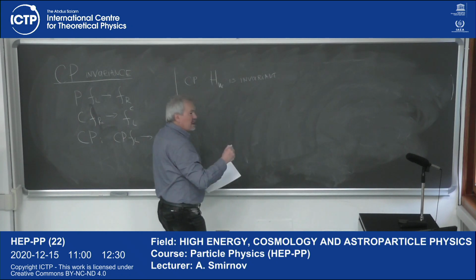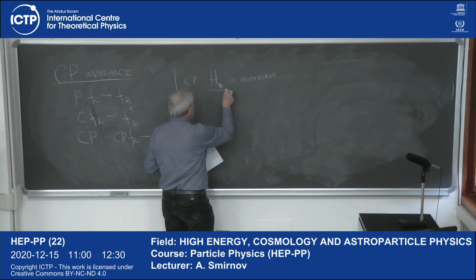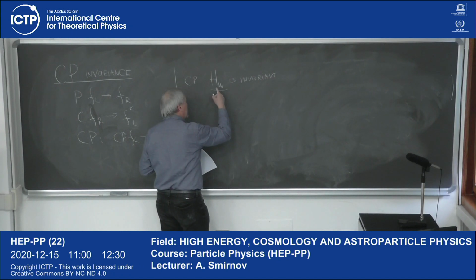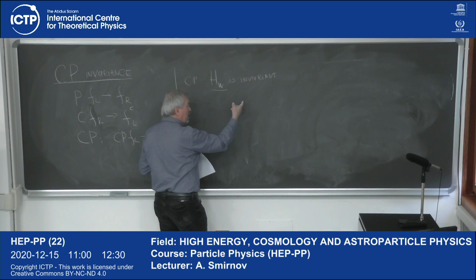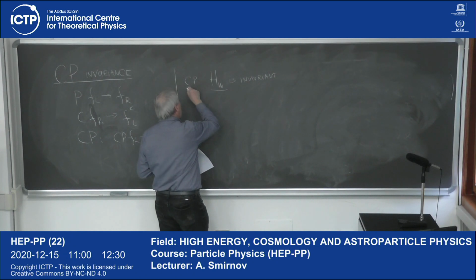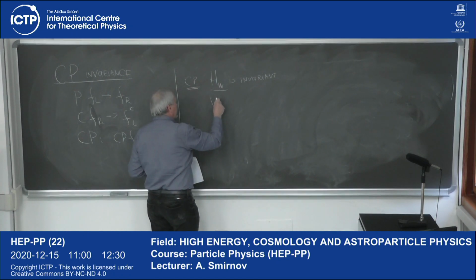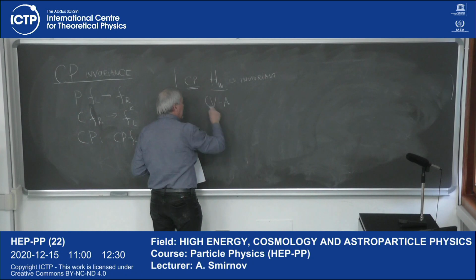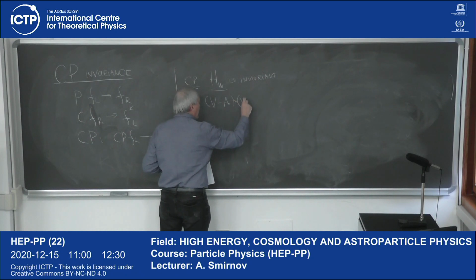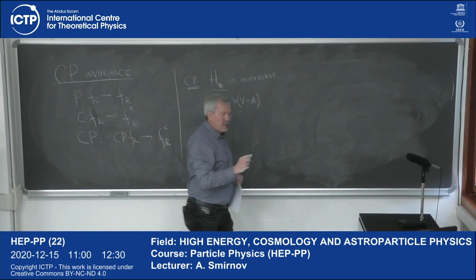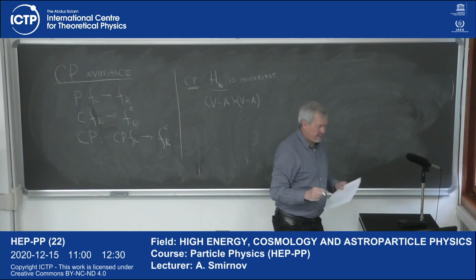However, if you do C and P transformations, and you need to take into account that this contains two parts, the first one and then the Hermitian conjugate, then you can find that under CP transformation, our Hamiltonian with this V minus A structure of the currents is invariant. And we will have an exercise to check this.